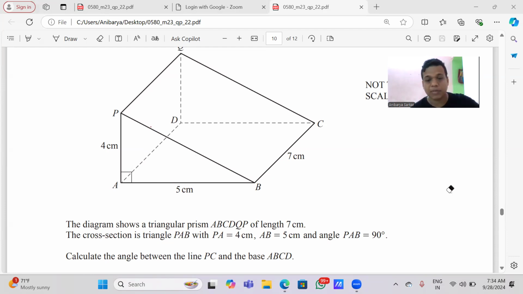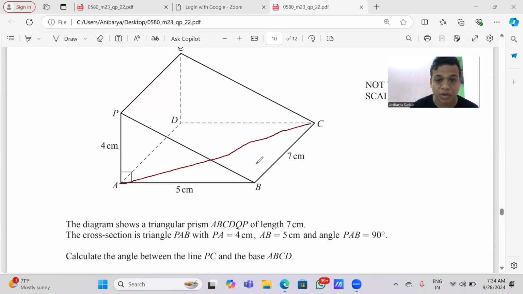So this is a very simple sum, and this kind of sum comes every year in your board exam, in your past paper actually. Okay, so for this, first we have to find out the hypotenuse of this base.